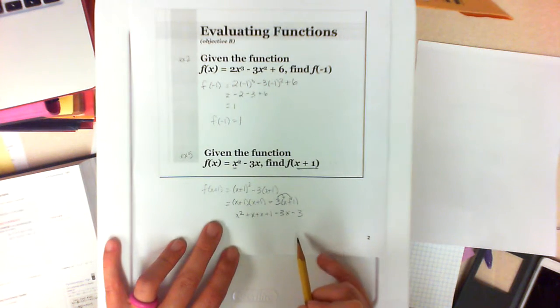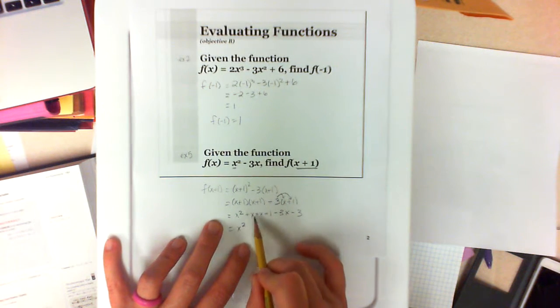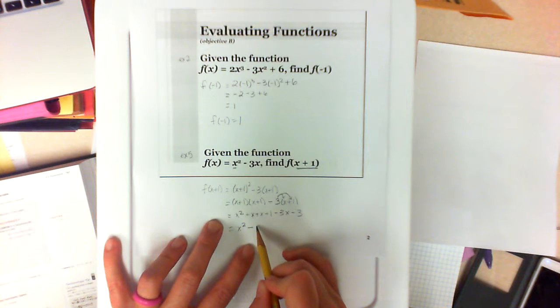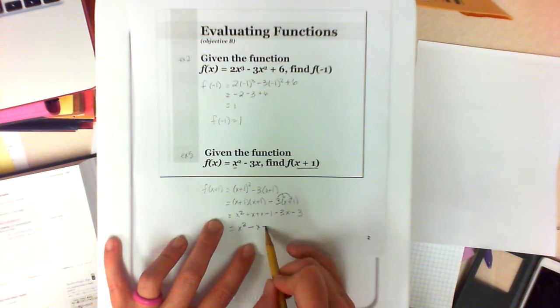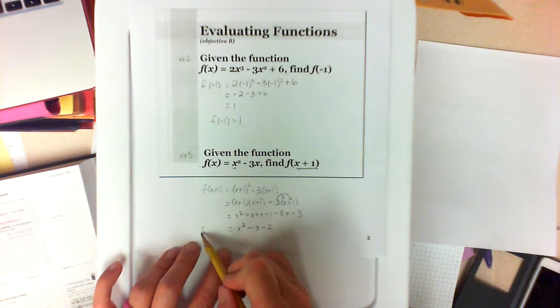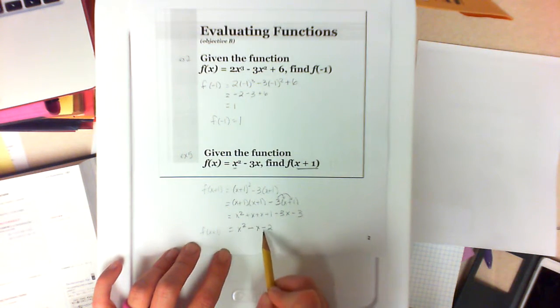Now I combine like terms, so I'm going to have x squared, we've got x, -3x, which is -x, and then I've got +1, -3, so minus 2. So f of x plus 1 equals x squared minus x minus 2.